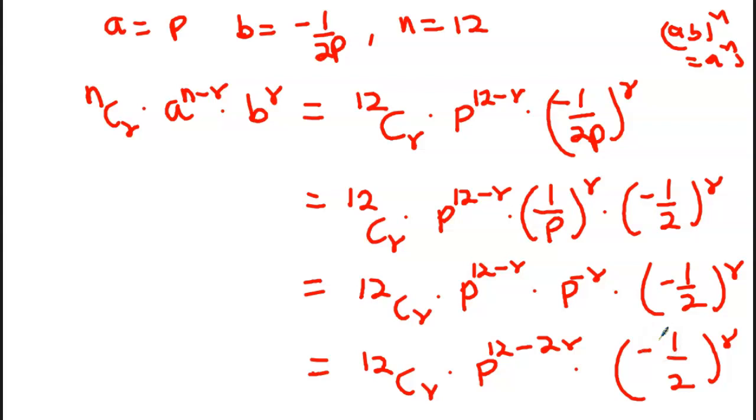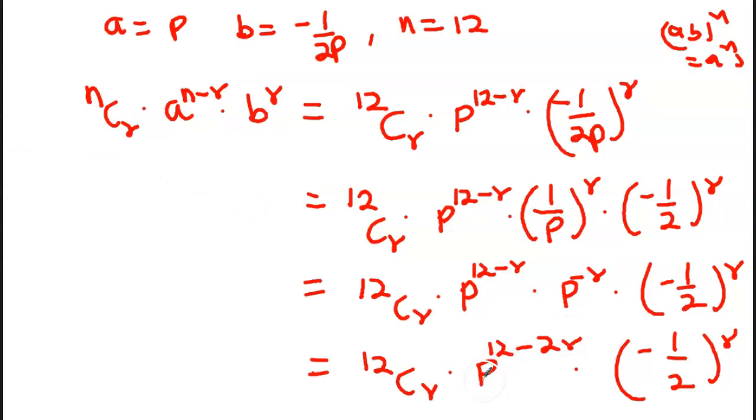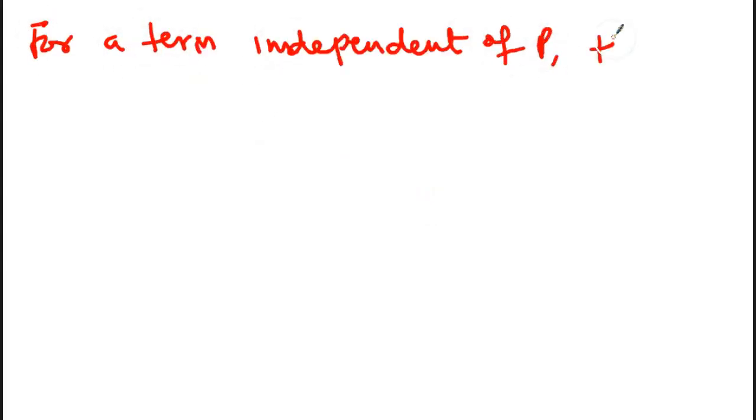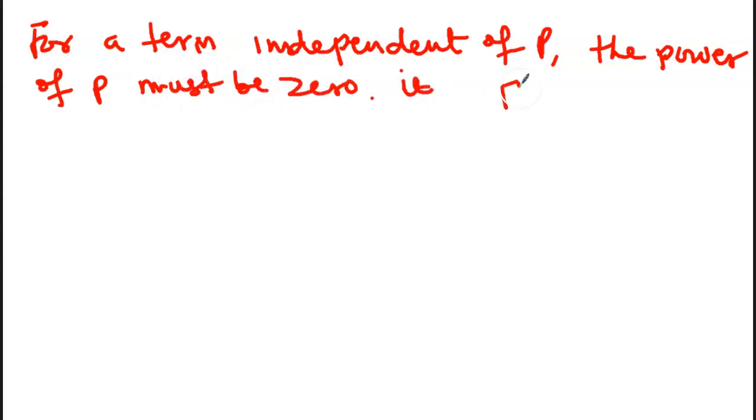Now we want to look for a term independent of p. A term independent of p means p to the power 0. P to the power 0 is 1. So for a term independent of p, the power of p must be 0. That is p to the power 0.